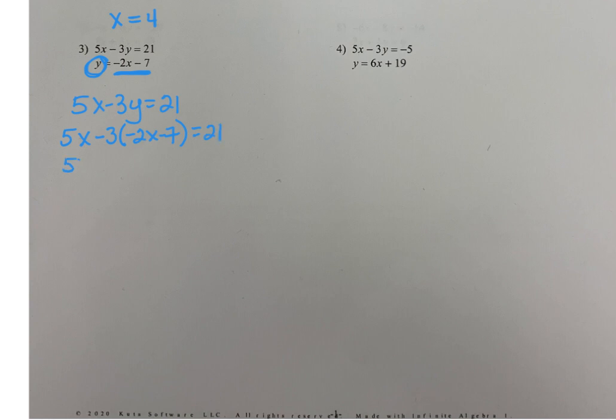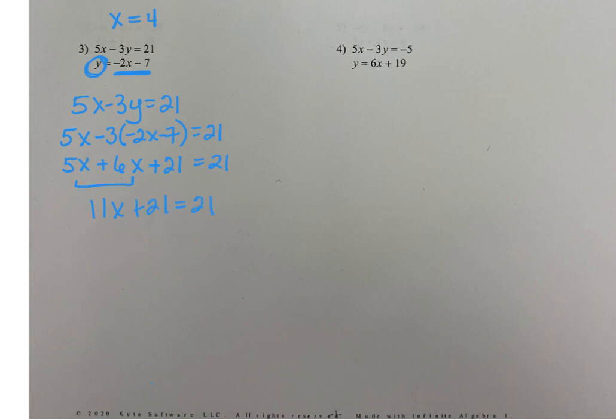Now I'm going to use my distributive property. Negative 3 times negative 2x is a positive 6x. Negative 3 times negative 7 is a positive 21. And I set that equal to 21. Okay, now what I'm going to do is combine my like terms. 5x plus 6x is 11x. Okay, so I've got 11x plus 21 equals 21.